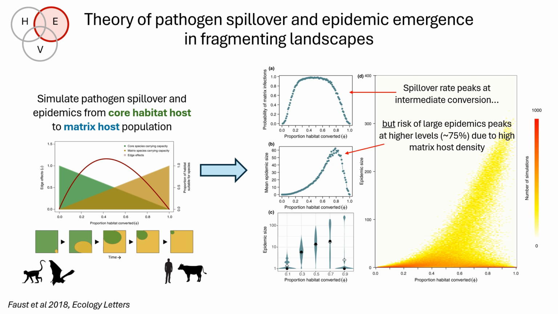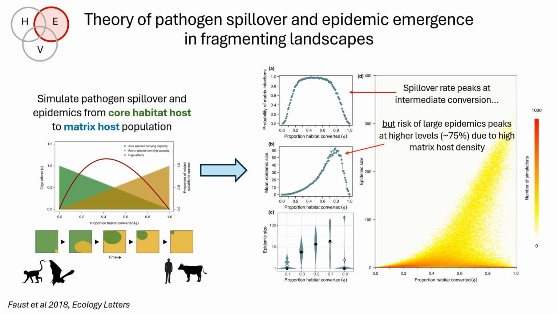But actually, the risk of large epidemics igniting peaks at much higher levels of conversion, because by that point you have a far higher density of humans or other matrix hosts within the brown habitat area. So epidemic sizes increase as you continue to convert, even though spillover risks might decline at some point, as you effectively get rid of all of those species that would otherwise pose a hazard.